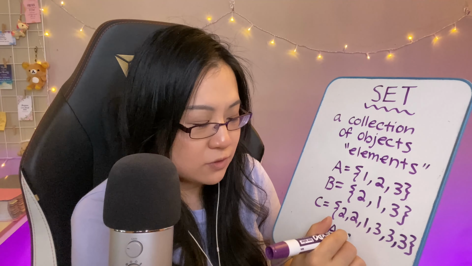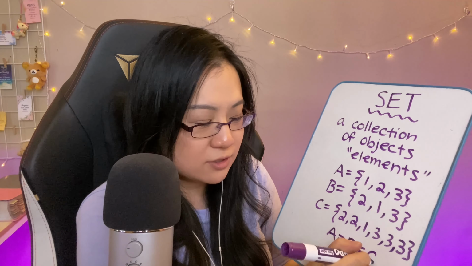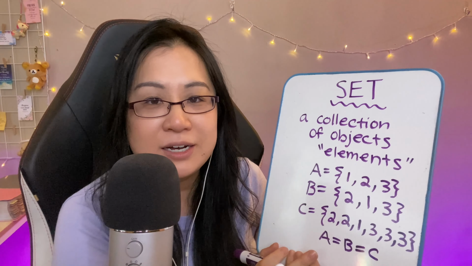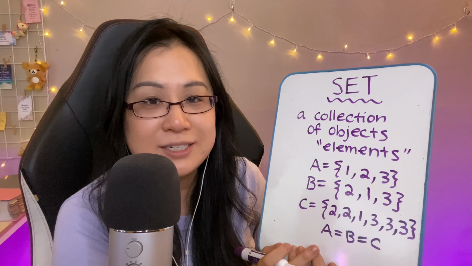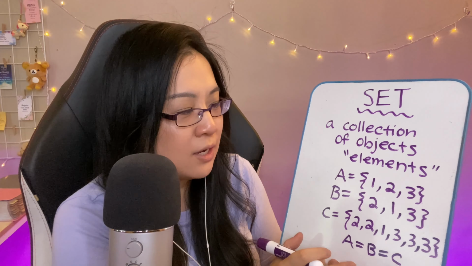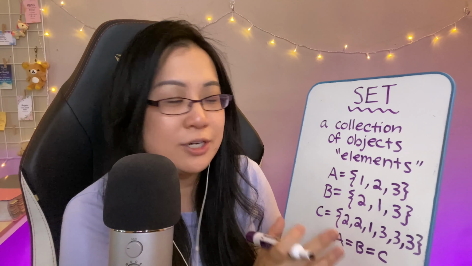So in this case, A equals B, which equals C. Pretty cool, right? This might be helpful to review if you haven't looked at sets, because a lot of people tend to forget this one. In this case, they all are equal. Basically, they have the same collection of objects.